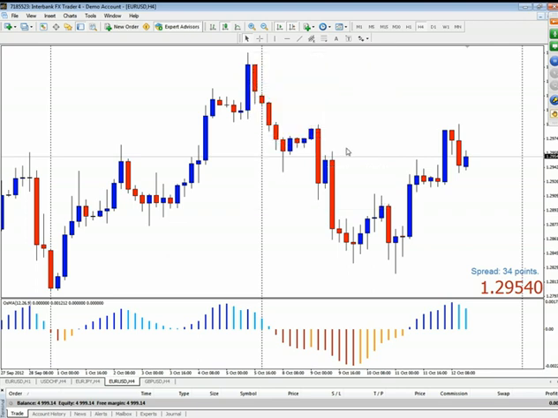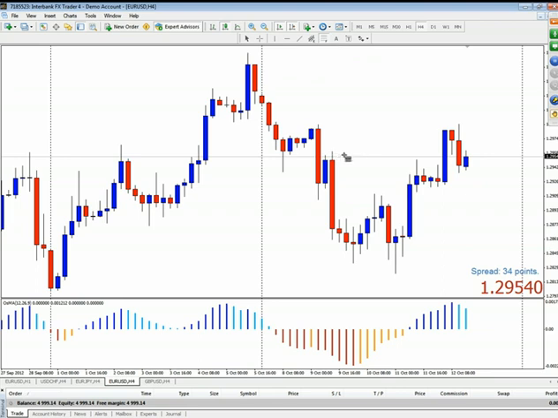Now let's remove that and draw it once more. I know it's pretty much the same setups, both the trend line and the Fibonacci, but you can still put your Fibonacci on there to get a much more accurate entry.